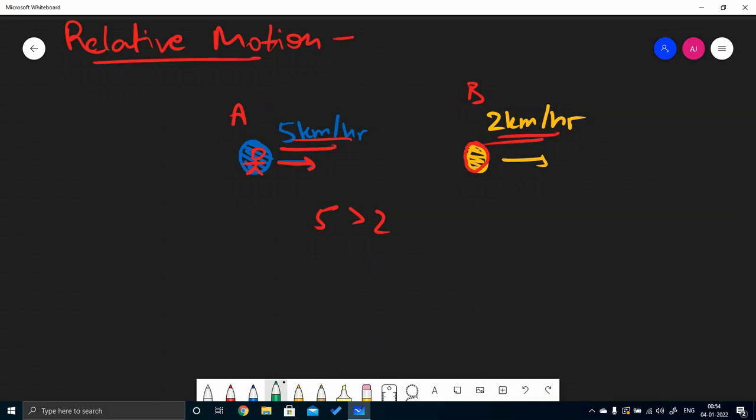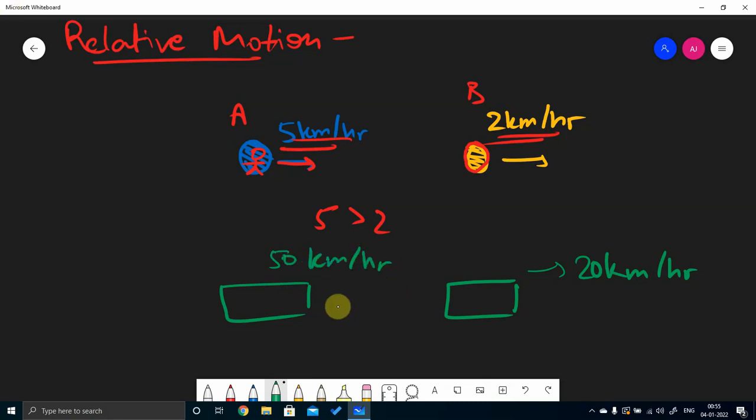Just imagine yourself driving on the road and there's a truck in front of you. Trucks go pretty slow. Let's say that truck is going at 20 kilometers an hour, and let's say there's only one lane, just some road. And you are coming at 50 kilometers an hour in a car.